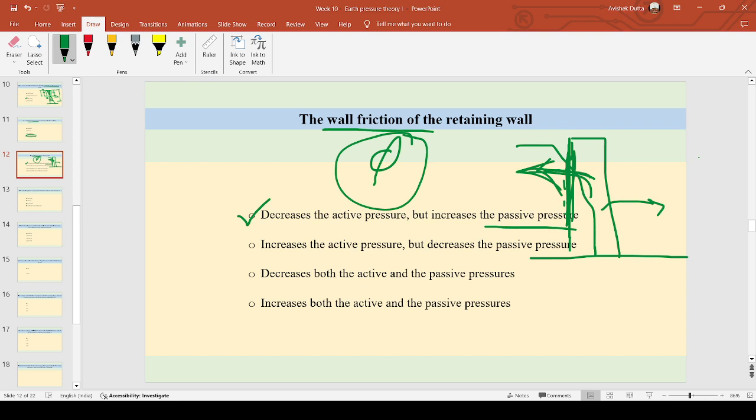Initially, when the earth pressure at rest is K0, the wall is standing straight and the friction on the wall was providing some support to the backfill.